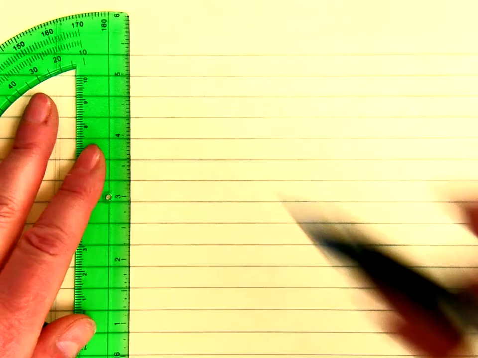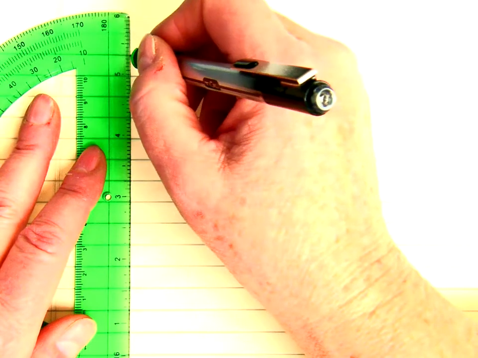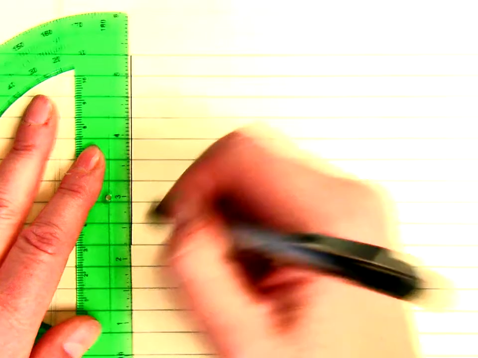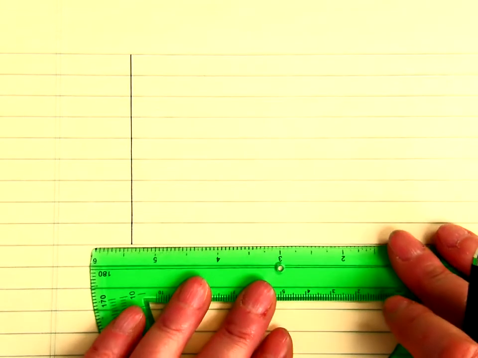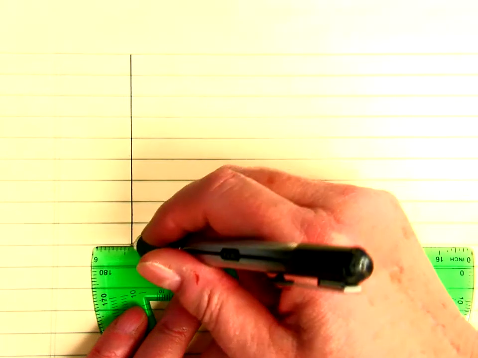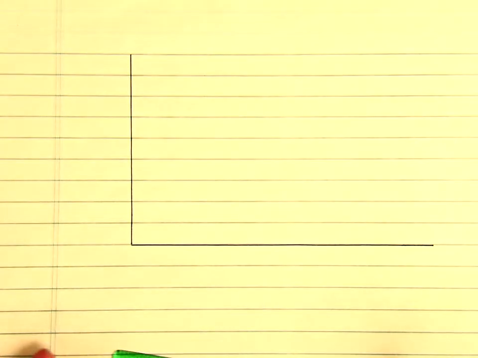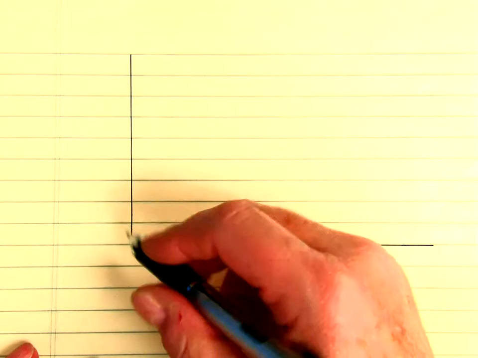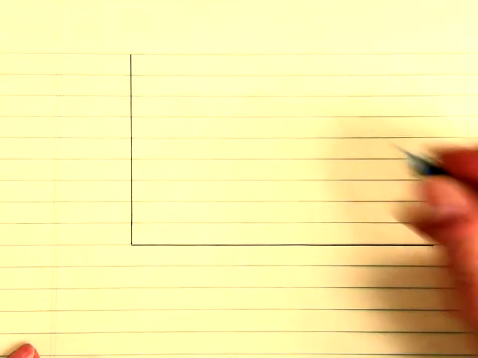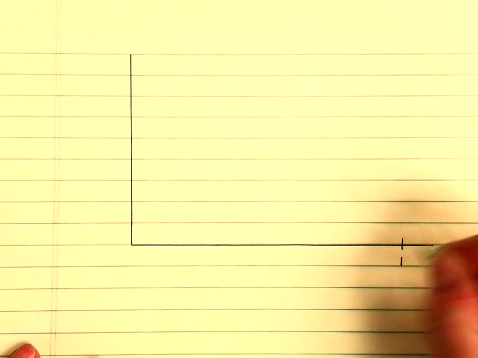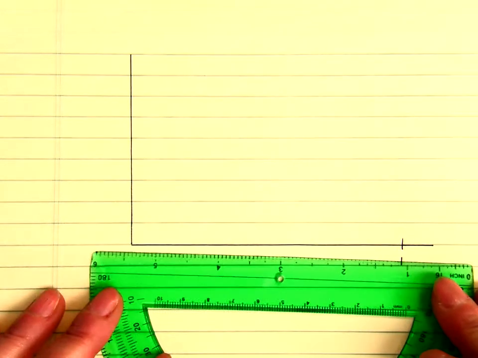Okay, our next problem is going to be that we are drawing a graph, and of course, forgive me. Like I said, please don't do this at home, but I didn't realize I was going to be out of graph paper at that very moment, and this is the second time I have done this. So I'm going to have to approximate. Okay, this is going to be where I put 1.